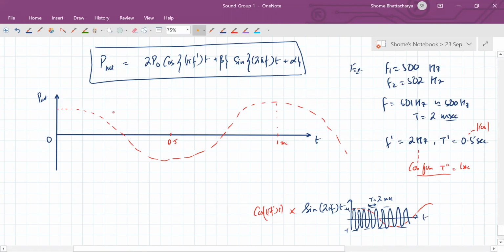Plus of this function is this one, minus of this function is this one. So now it's like your sine function is varying between the positive of this graph and the negative of this graph. So the actual variation of pressure with time is like this.